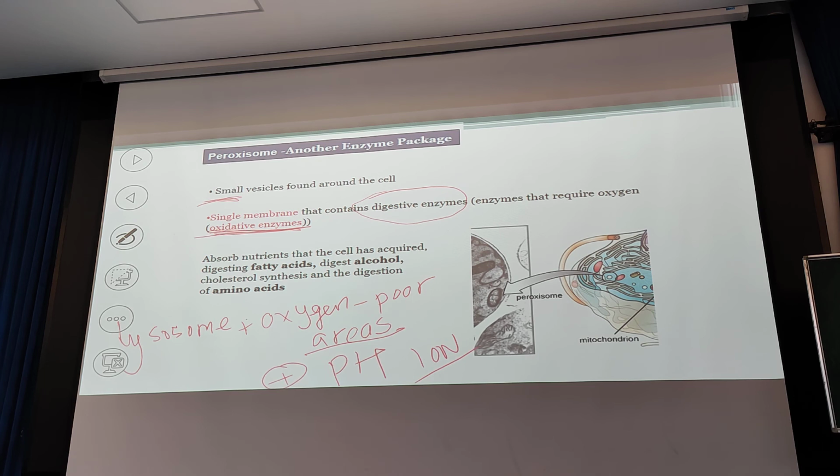So three things. The lysosome works in an oxygen-poor area, they don't need oxygen, and the enzymes inside the lysosome work at a very low pH. The source of the enzymes of the lysosome comes from the rough ER. While the peroxisome also contains digestive enzymes, but oxidative enzymes that require oxygen to work, and not a very low pH, maybe a neutral pH.